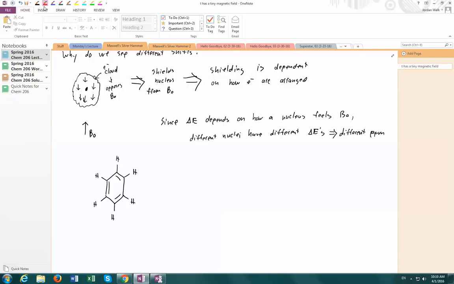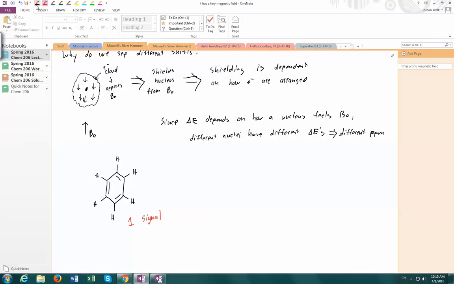Yeah, you might think, well, all these protons are in the same environment, right? In fact, if we took this benzene and rotated it 60 degrees, would we have the same picture? Yeah, so each of these protons is in the same environment. In a molecule as simple as benzene, because of the high degree of symmetry, we only have one signal because ultimately we've only got one type of proton.